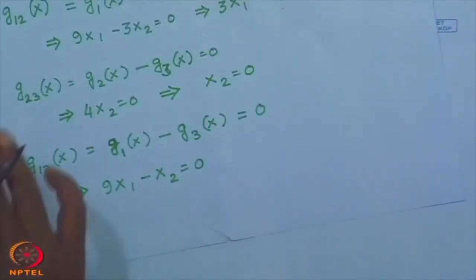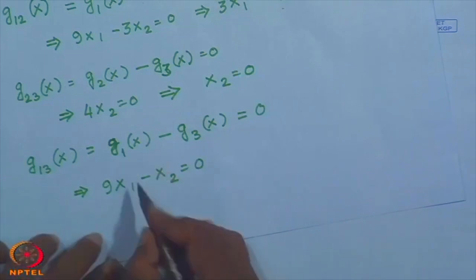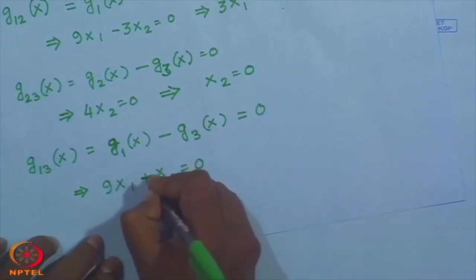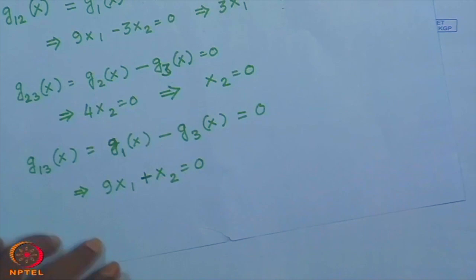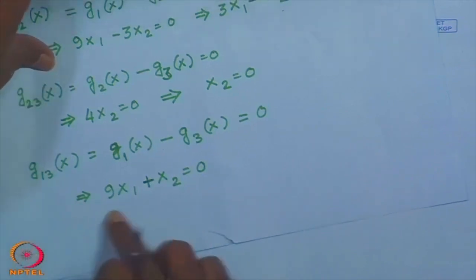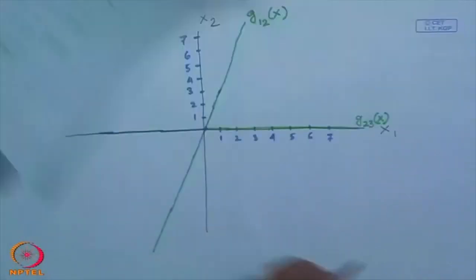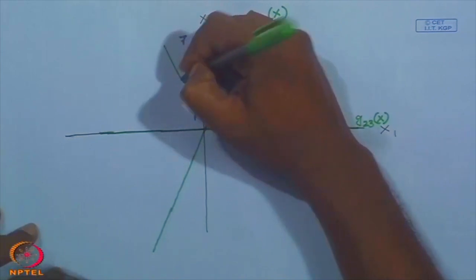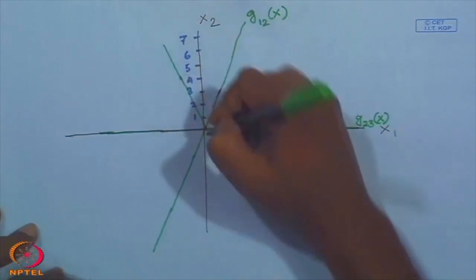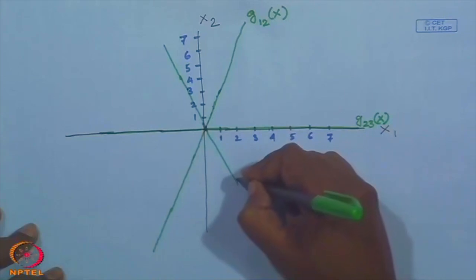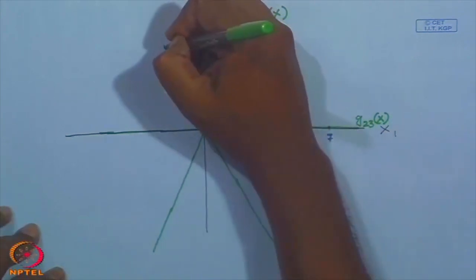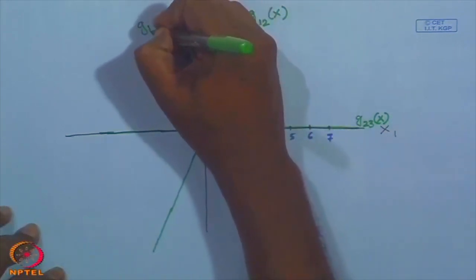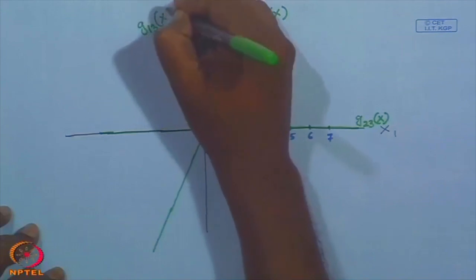So, this is 9 x 1 plus x 2, not minus. Okay. So, if I plot this decision boundary on the same graph, you find that this plot will be something like this. Where this is g of 1 3 x.